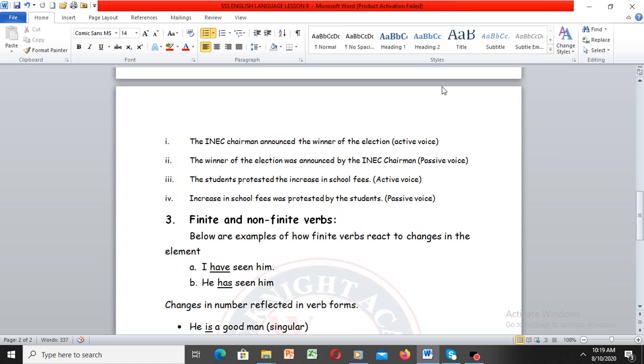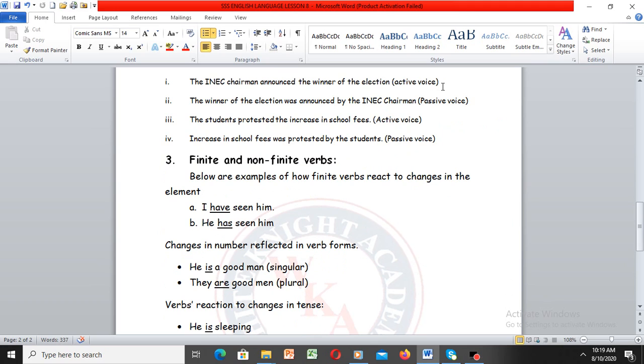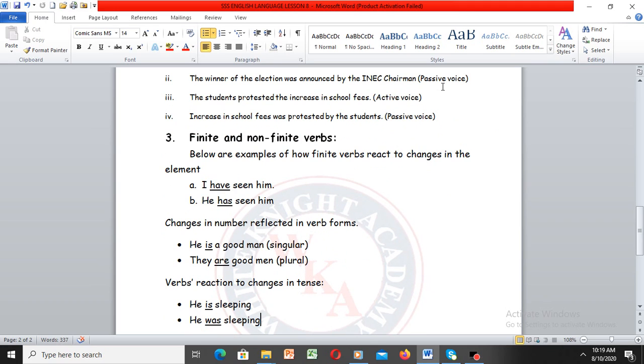Number 3, we have finite and non-finite verbs. This aspect of verb classification is very important and relevant. It indicates which of the many forms of verbs are finite and non-finite.